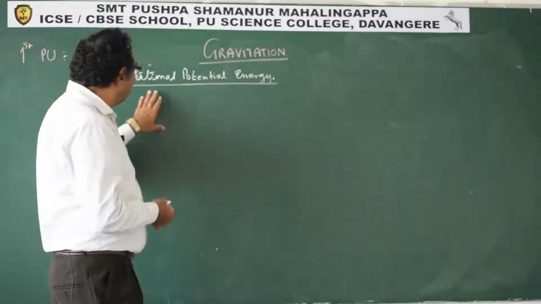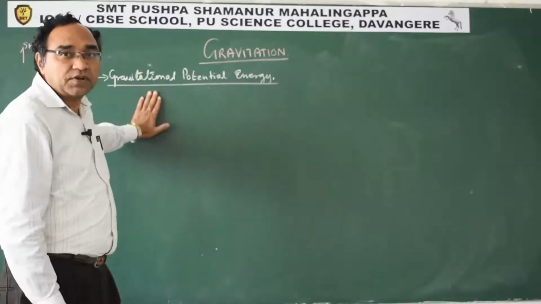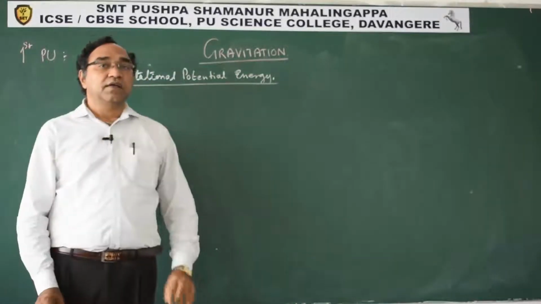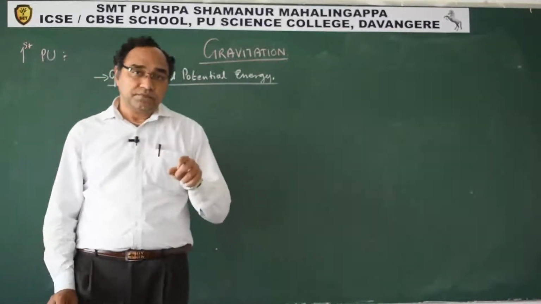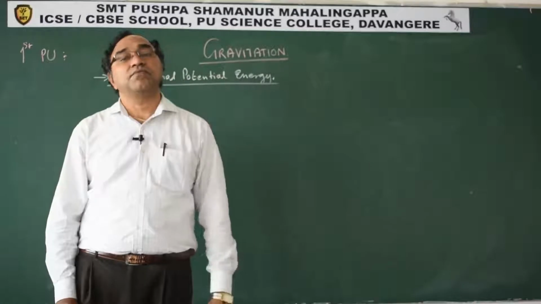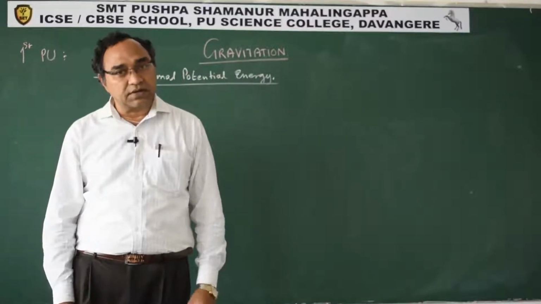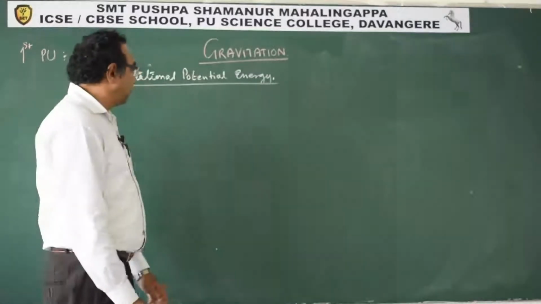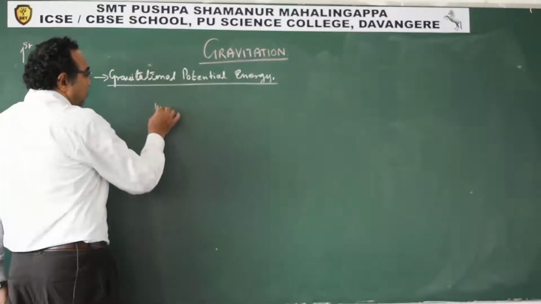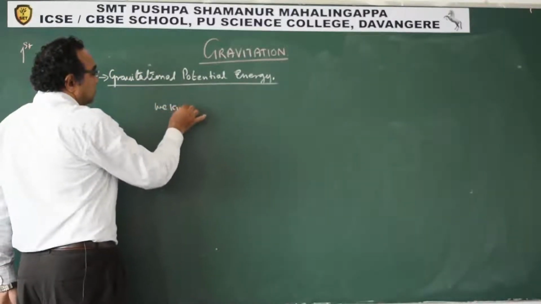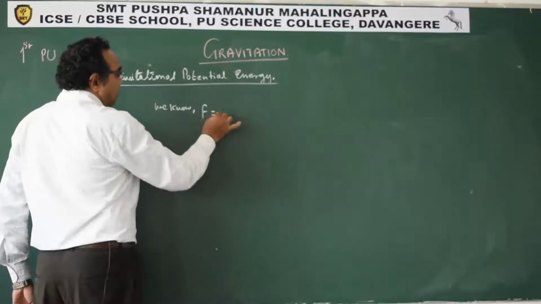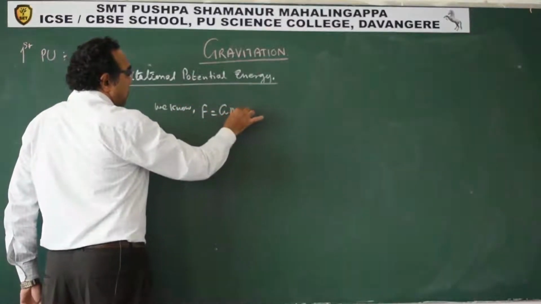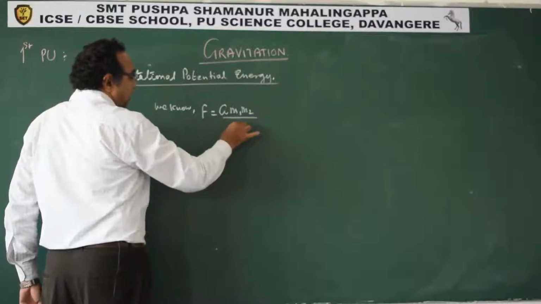So particularly we are talking of gravitational potential energy, which means the force responsible for that work done is the gravitational force. So we know F is equal to G m1 m2 by r square.